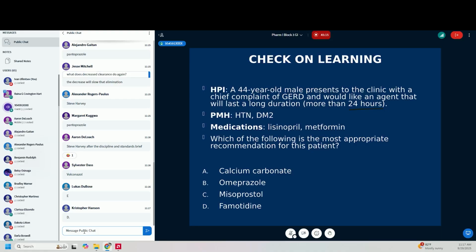When we were looking at our H2RAs, we sometimes had to take those more frequently, several times a day. So again, make sure that you're paying attention to, all right, what are the benefits? What precludes me from giving one of these over the other? And you'll do very, very well in this section, okay? So just making sure, hey, what are the key words?